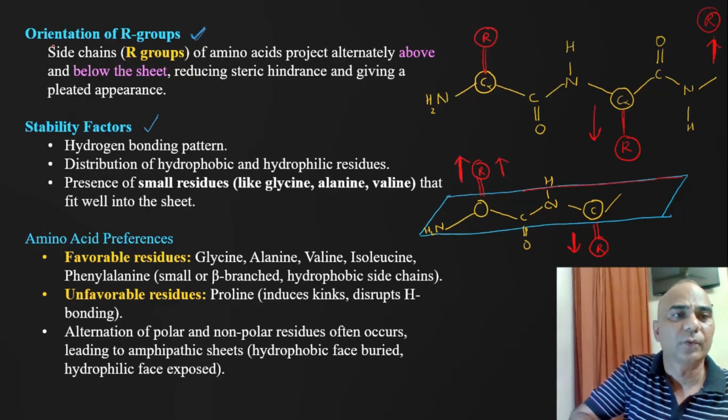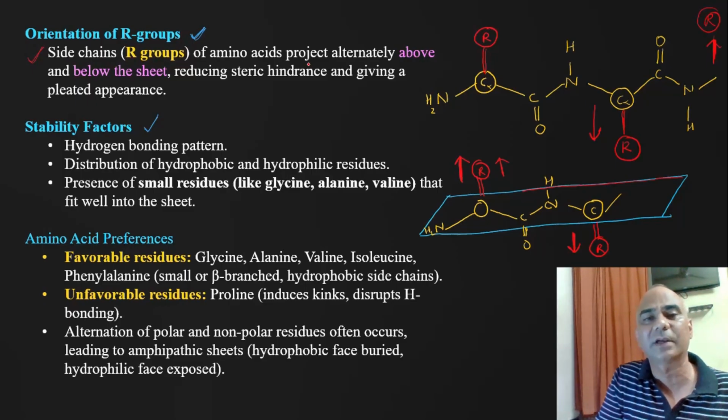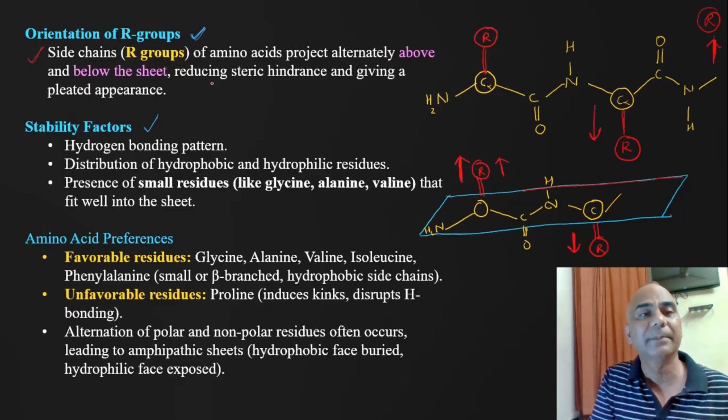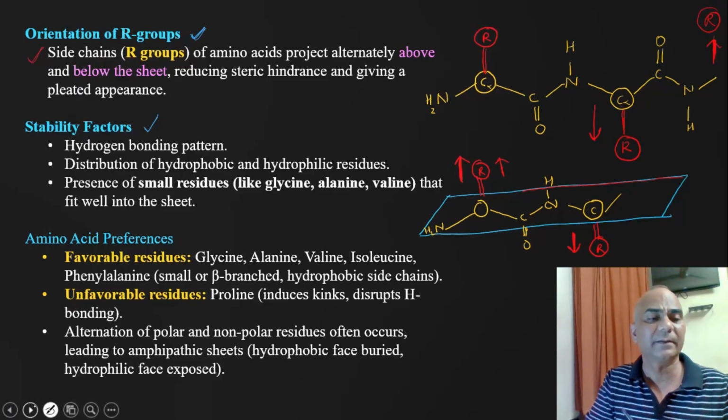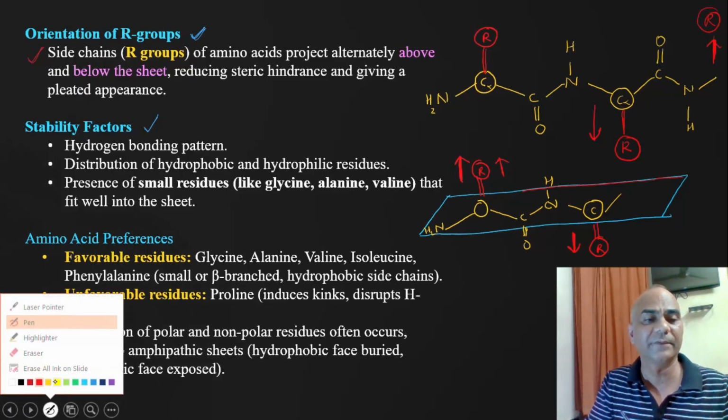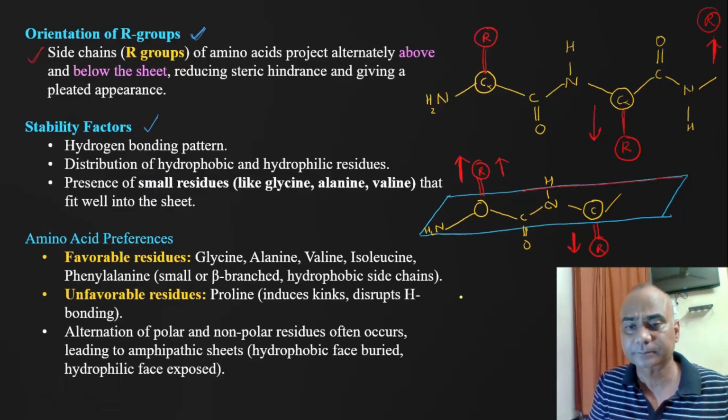So here what is written in this slide: the side chains, the alkyl groups of the amino acids, project alternately above and below the sheet, reducing the steric hindrance and giving a pleated appearance. Now consider if all the alkyl groups are projected upward.